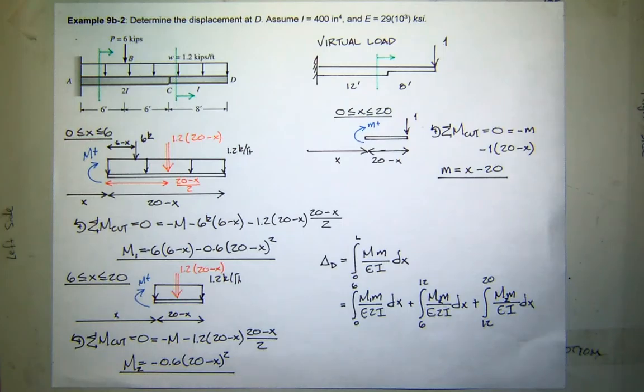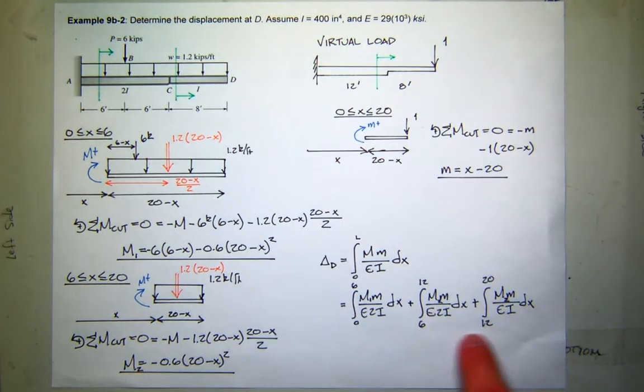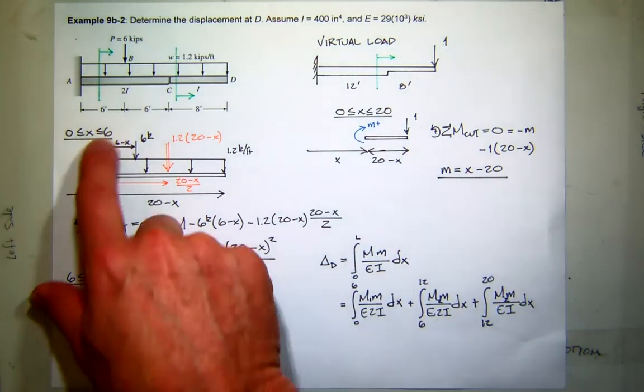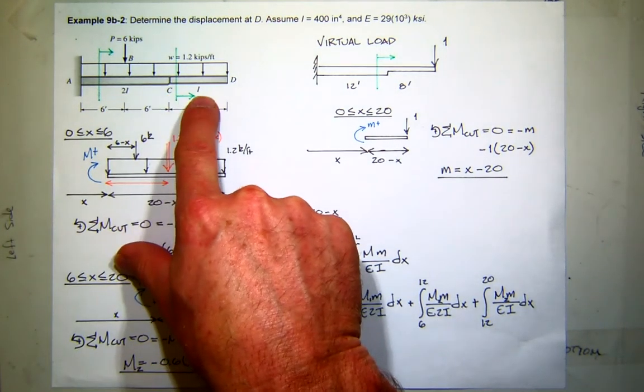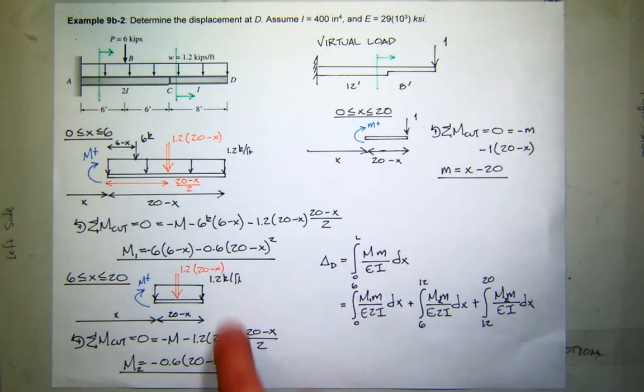When really, from my point, this is the application of the idea and taking account of the variation in I and also the various values of the moments and the virtual moments. That's the key skill that I'm interested in.